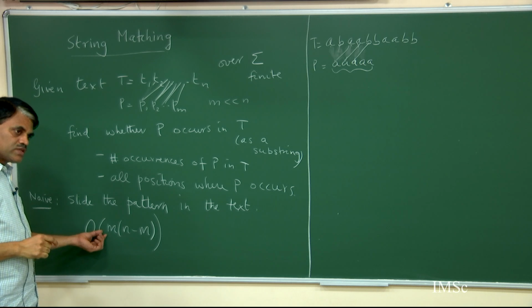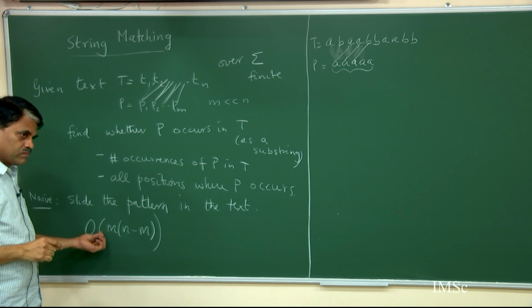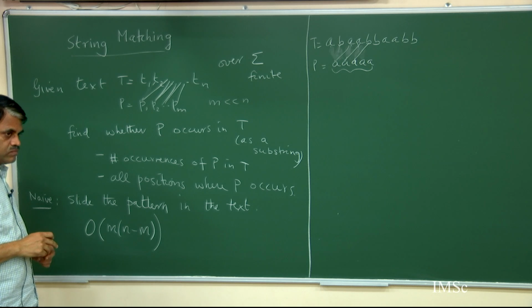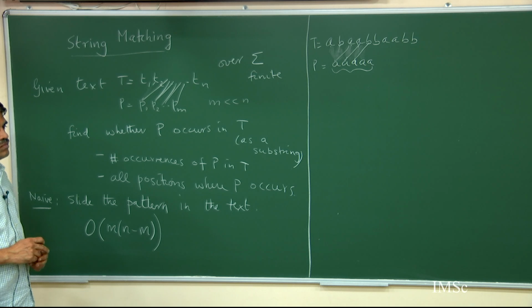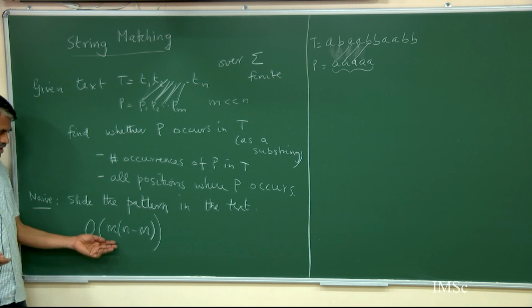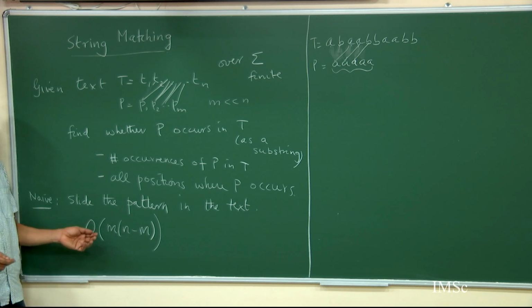n into n minus m. Yeah, because this n is very large as compared to m. So if you are just doing this matching, again you are doing this matching, again you are doing this matching, but sometimes this matching happens. So there is a question whether the running time is really m times n minus m or n times n minus m.